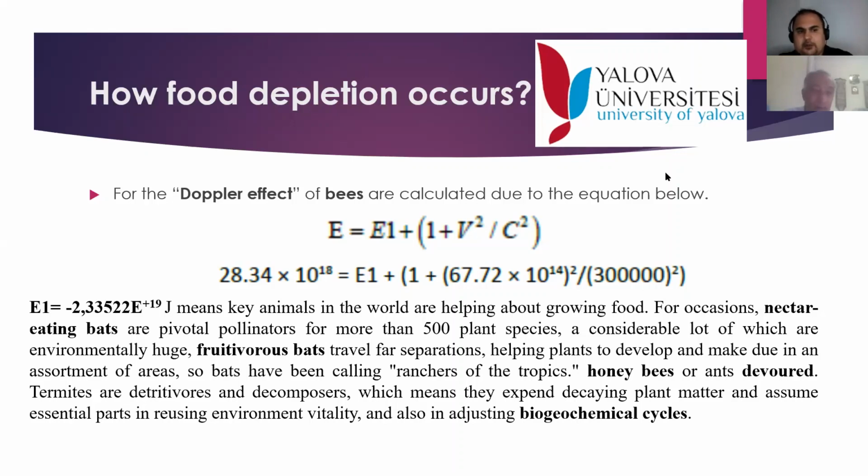It is mentioned by Doppler, this scientist, he told around 200 years ago, if one animal uses this energy, if the animals do some work, there is some kind of energy loss.